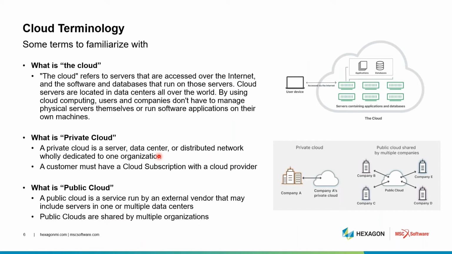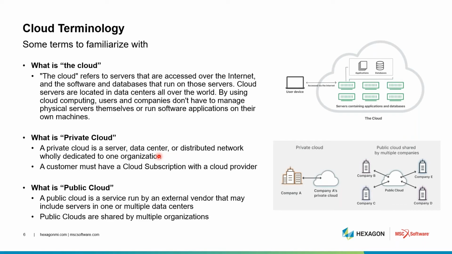So first, let's take a step back and go through some of the cloud terminology. Most of you might already know the cloud servers are located in data centers all over the world, and companies access them through the internet. There are two types of clouds, private cloud and public cloud. The private cloud is a server, a data center, or distributed network completely dedicated to one organization, and the customer must have a cloud subscription with the cloud provider to have that.